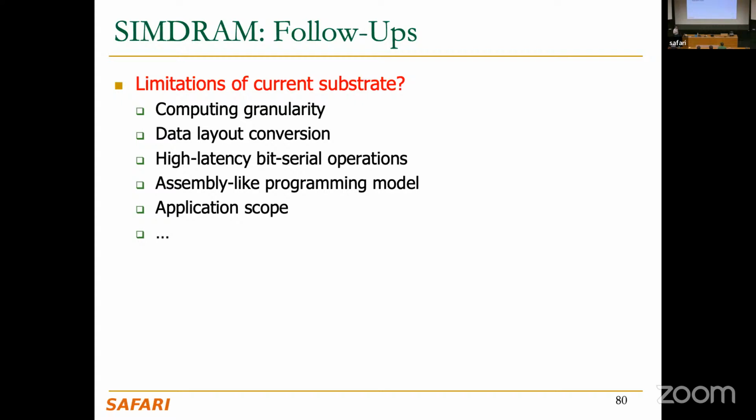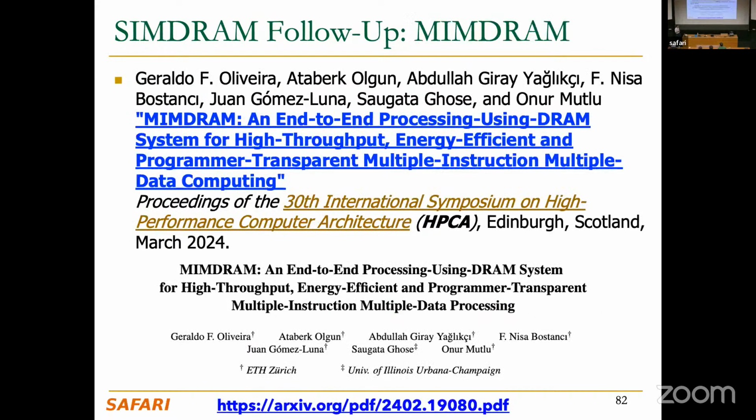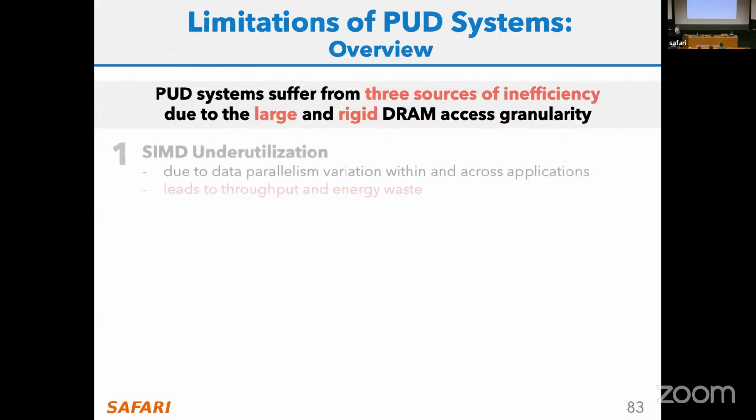Another problem is that I mentioned we have this new ISA instruction for computation, but I have to go manually and change my application to make use of those, and this limits my application scope. So we are still improving one step at a time, but I'm going to mention in more detail how we address at least 2 of those issues in this work that I published this year in HPCA.